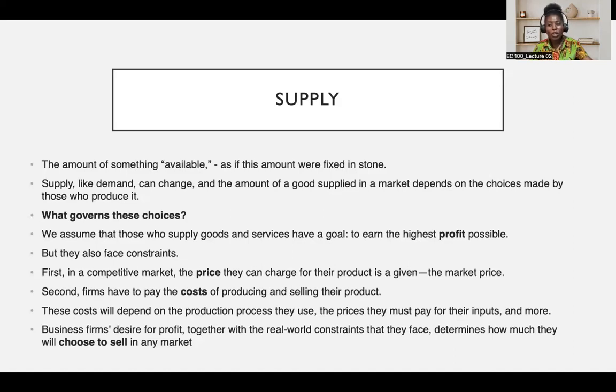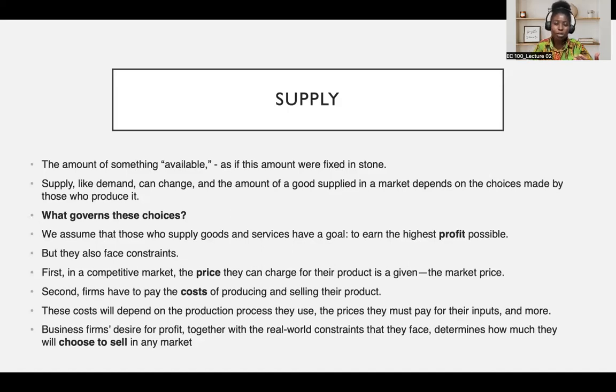Most times, the buyer will want the lowest price possible, because that's what they could afford. But the producer or the seller will start with the highest price possible, because the higher the price, the higher the profit.